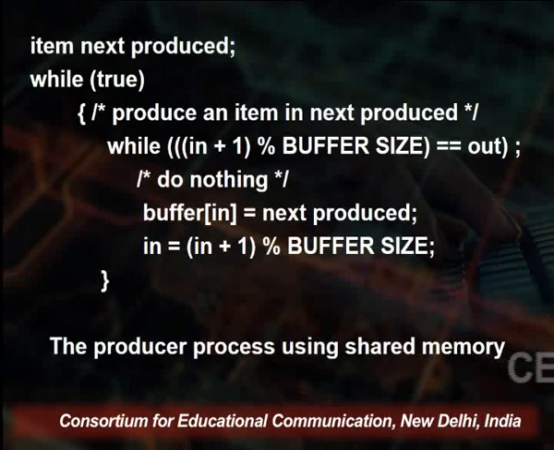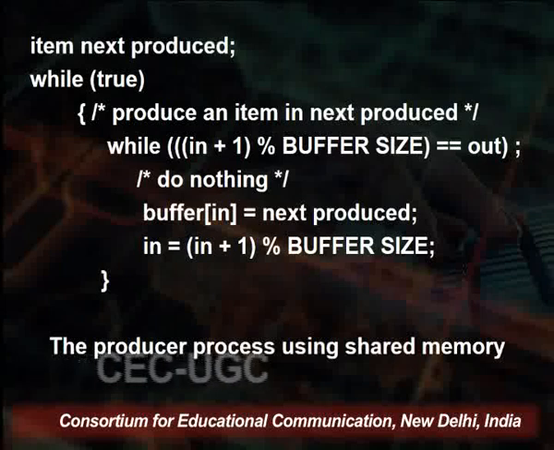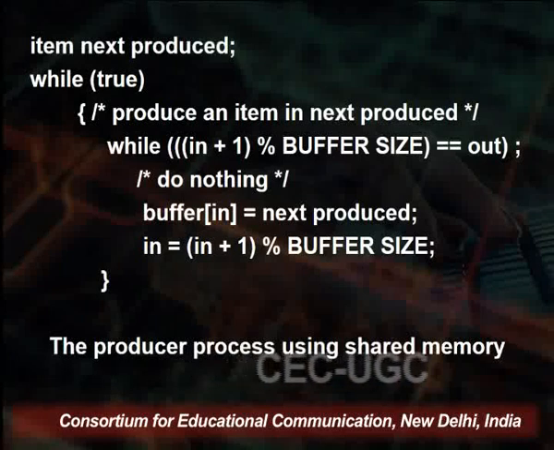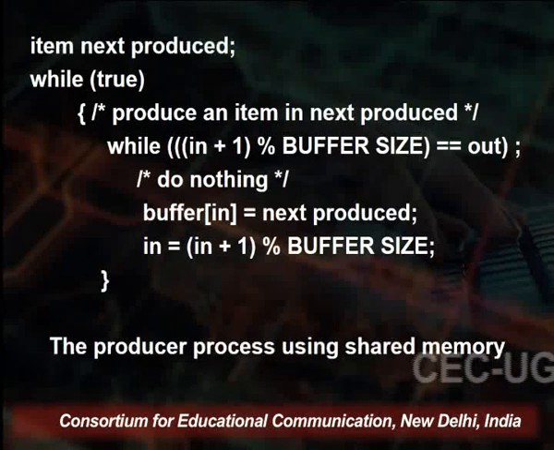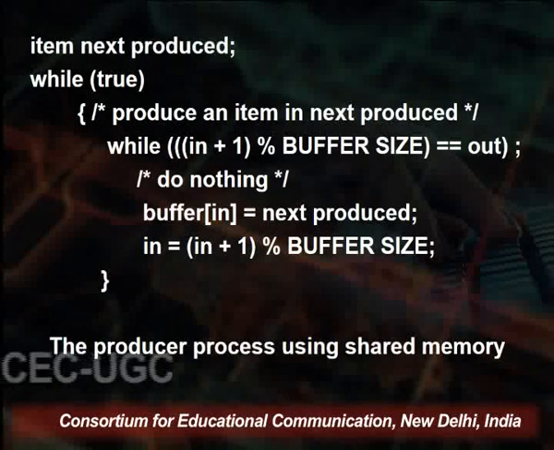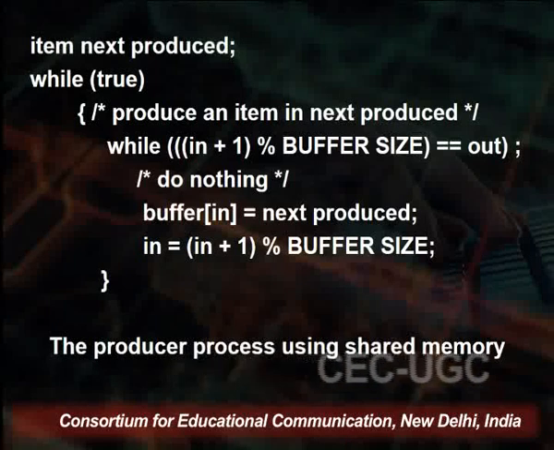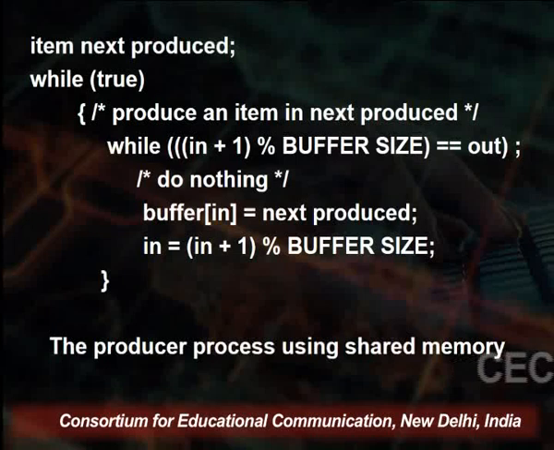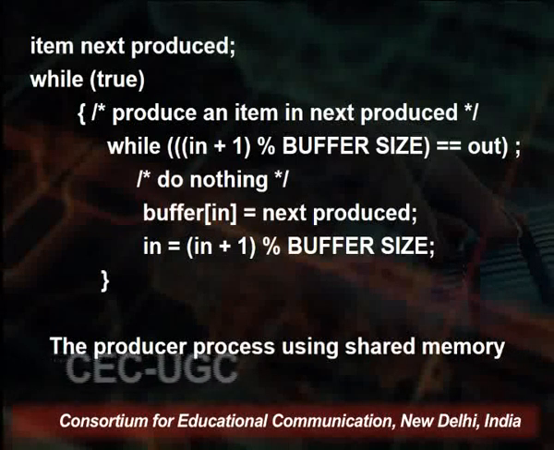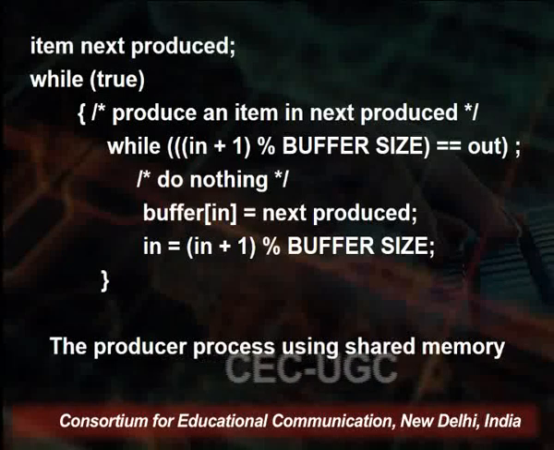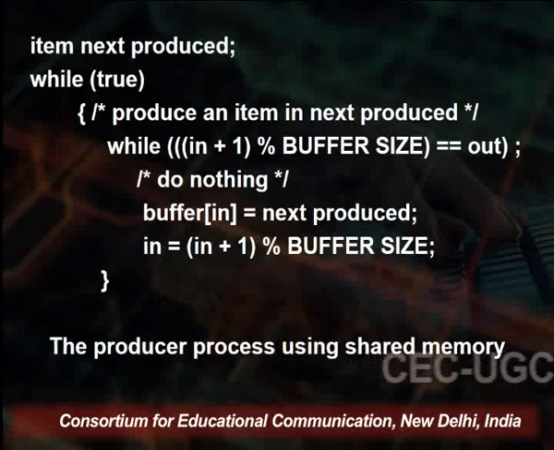Even after the producer has produced one item, it is stored inside the buffer array at location in only when the buffer is not full. Till the point the buffer is full, it is not going to do anything, so the do nothing situation is there. After storing the next produced item in buffer at in, in will be incremented.